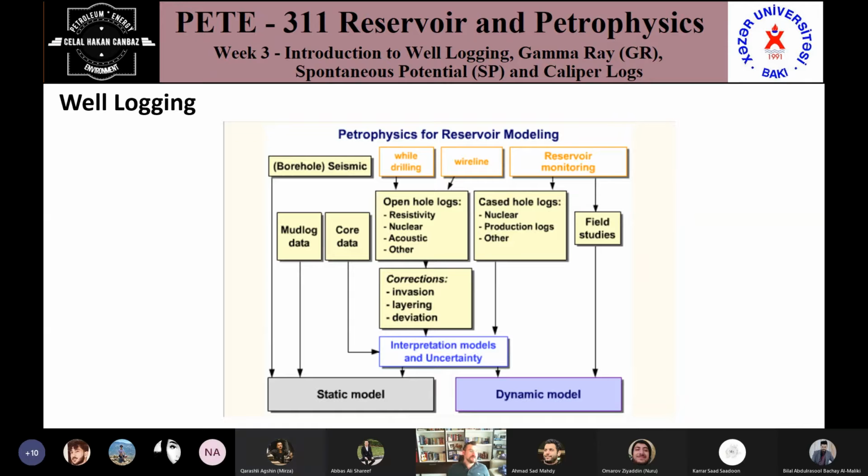Okay, so in your static model, you assume that your fluids are not moving. If this is valid for your reservoir, if you are making a wellbore modeling, it's valid in your wellbore as well.